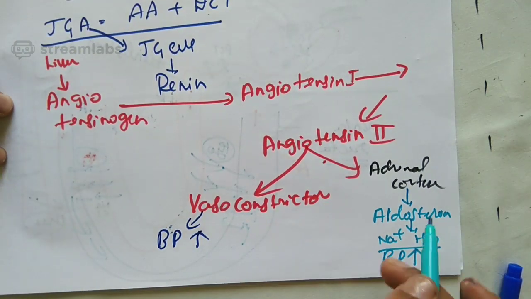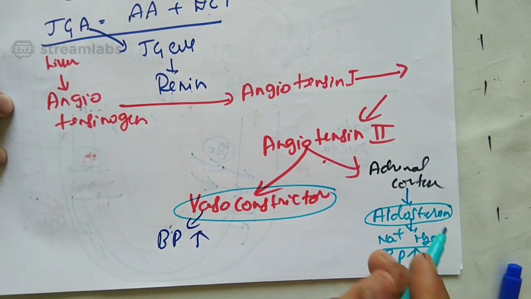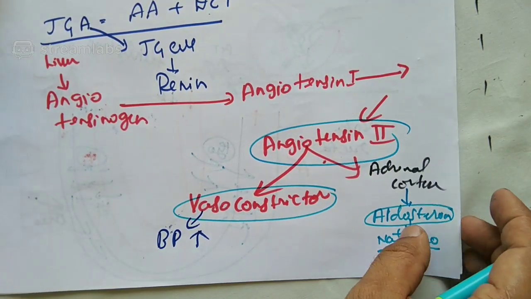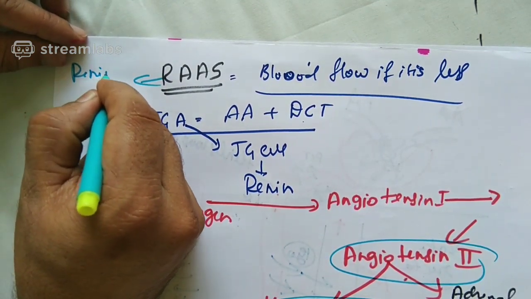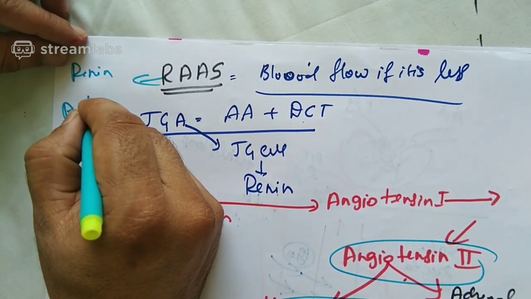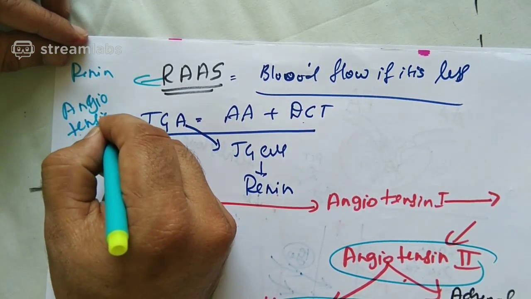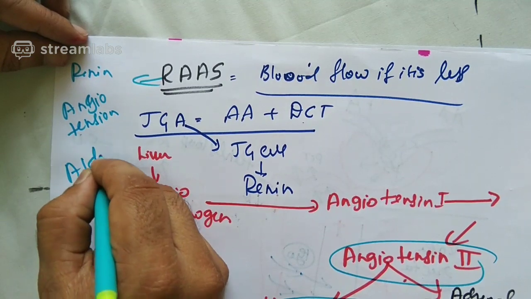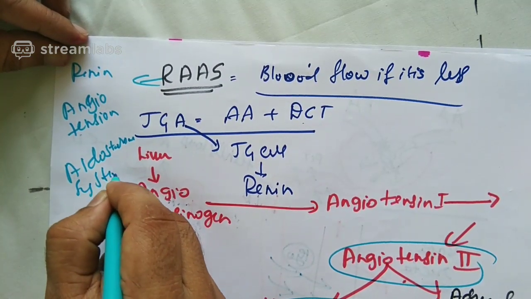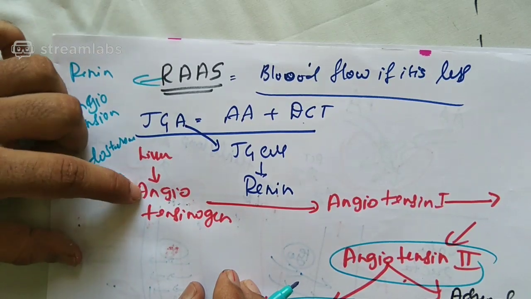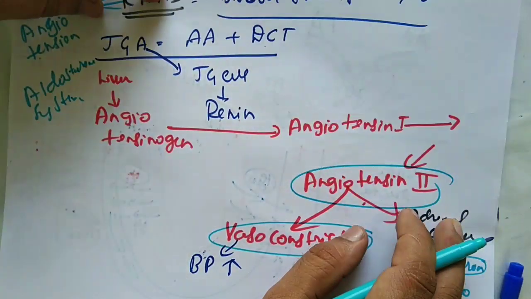One is by aldosterone and one is by vasoconstriction. Who? Angiotensin 2. So RAS means renin, angiotensin, aldosterone system, which includes liver, kidney, JGA, and even the adrenal gland.